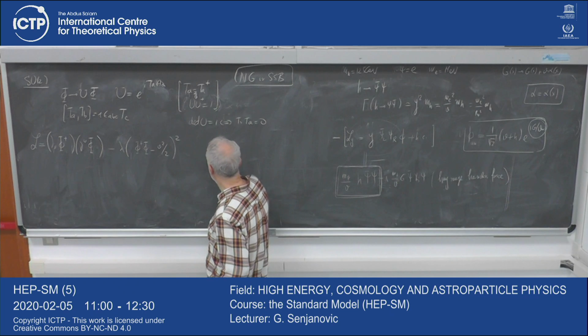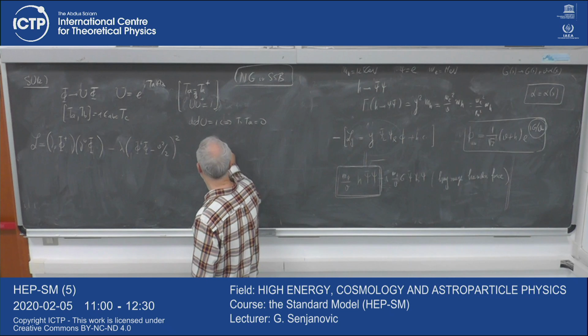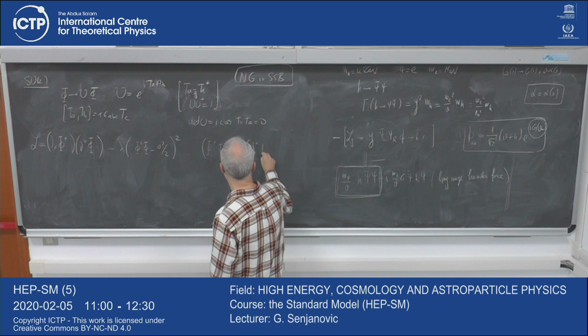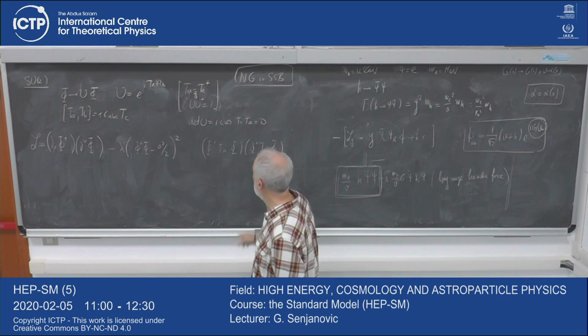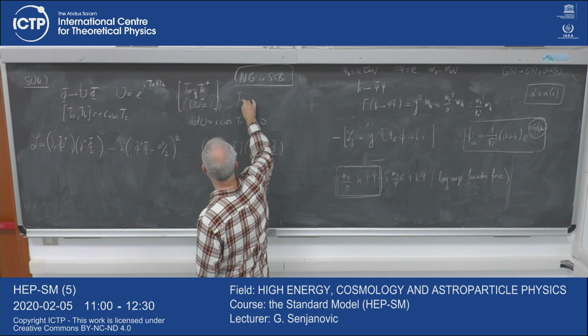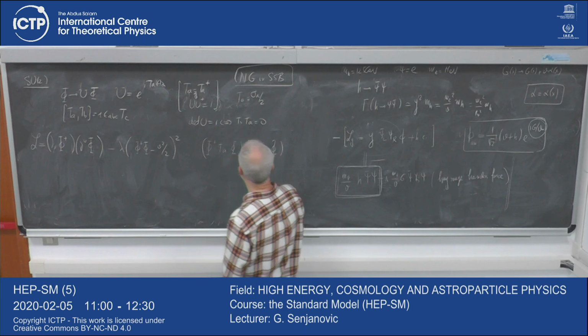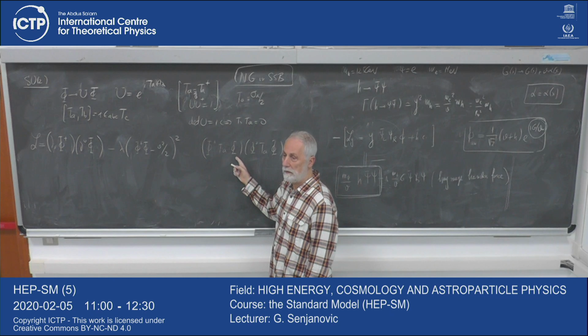After all, I could write this term also. Look at this. Phi dagger Ta phi, phi dagger Ta phi. Ta will be Pauli matrix, properly normalized. Because this behaves as a vector, you can see that trivially.